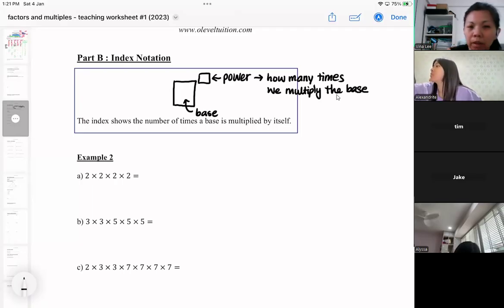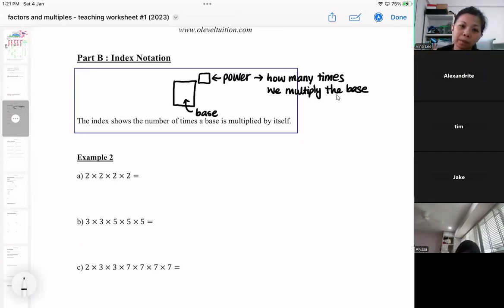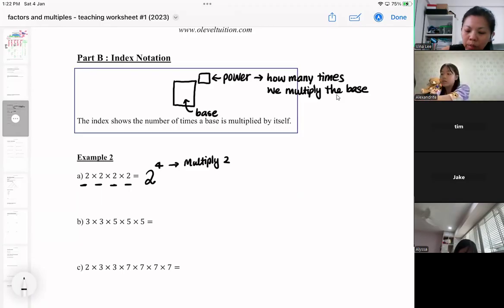Okay, it sounds very confusing, so I'm going to break it down a bit for you. For example, if you take a look, 2 times 2 times 2 times 2. If I write this in index notation, it is 2 to the power of 4. So we multiply 2 four times.